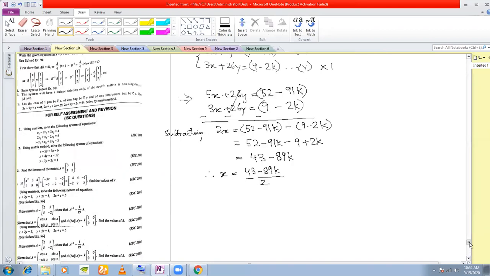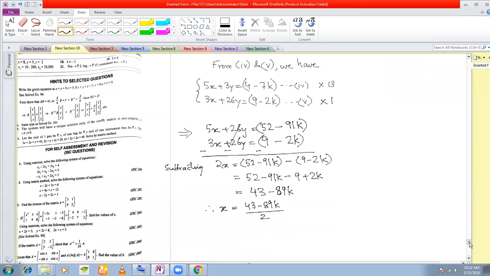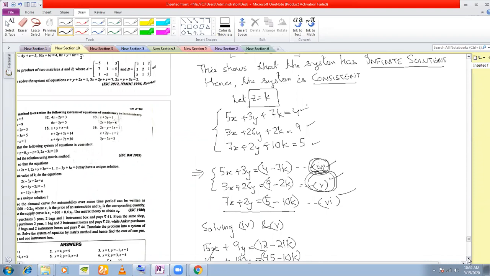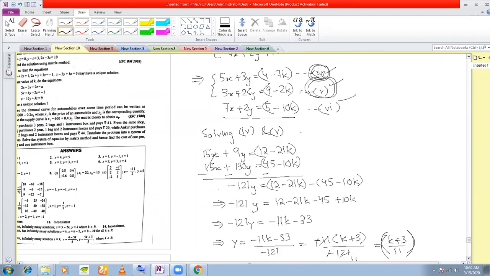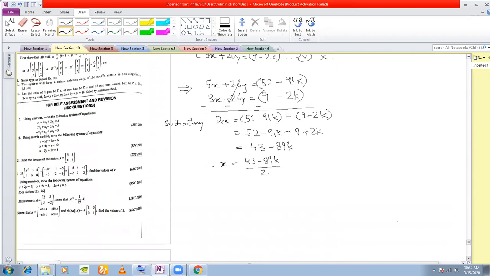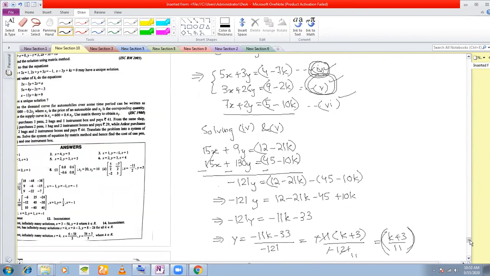Now what to do with the third equation? What I have as my third equation here is this one, 7x plus 2y is equal to 5 minus 10k. What I do is I put the value of x and y and check whether I am getting 5 minus 10k. Okay. So what I do is I put 7x plus 2y here. Therefore, LHS is equal to 7x plus 2y.